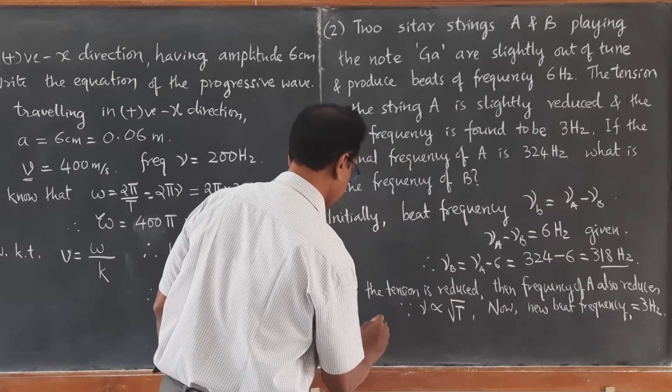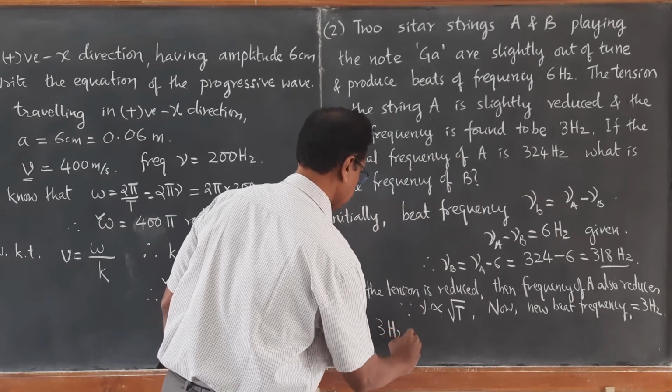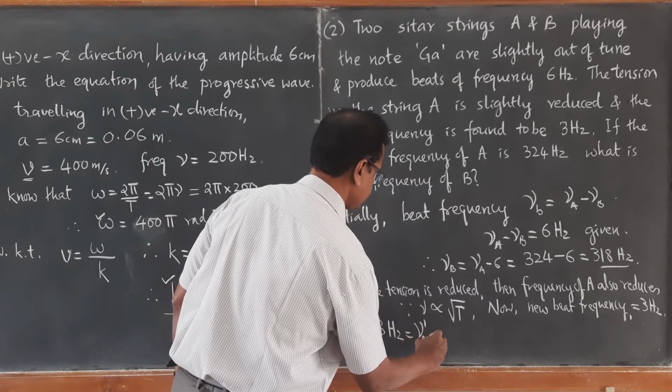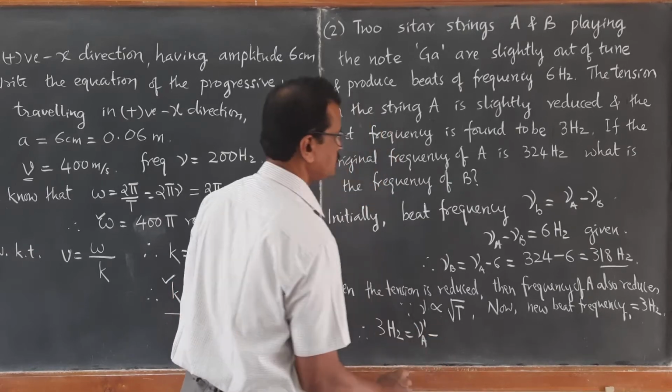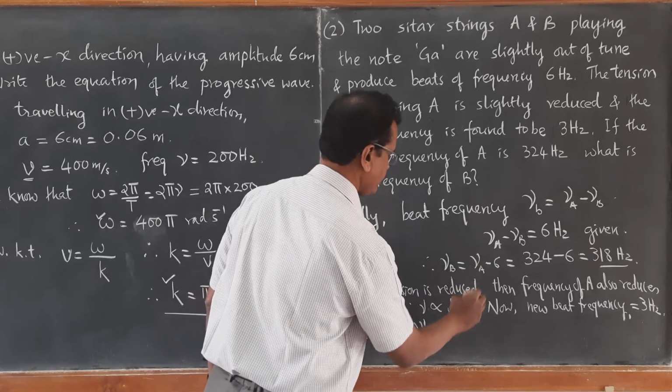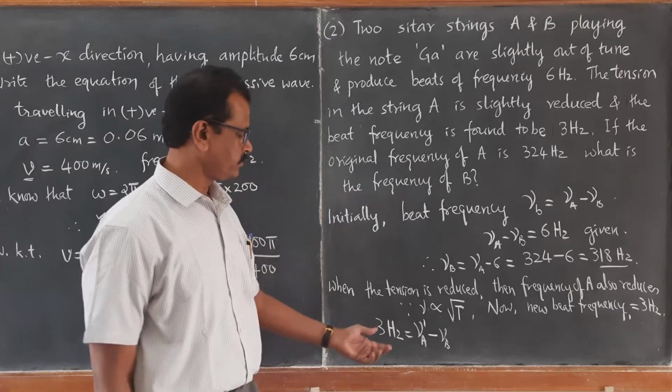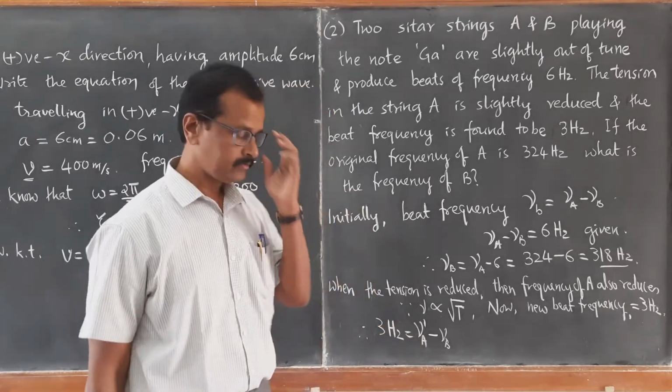Therefore, I can write 3 hertz is equal to nu A dash minus nu B, so that I can find out what is nu A dash.